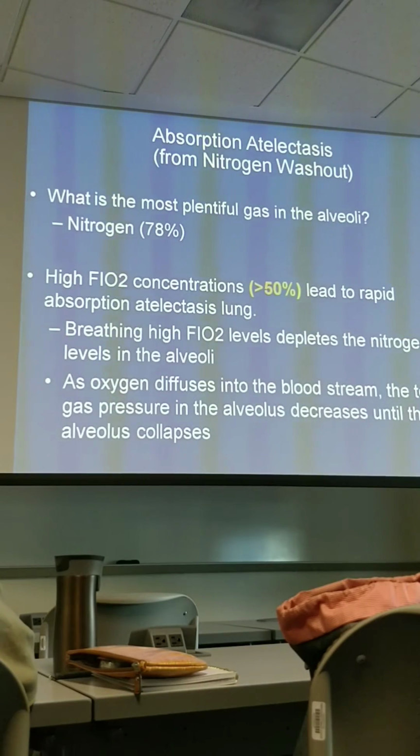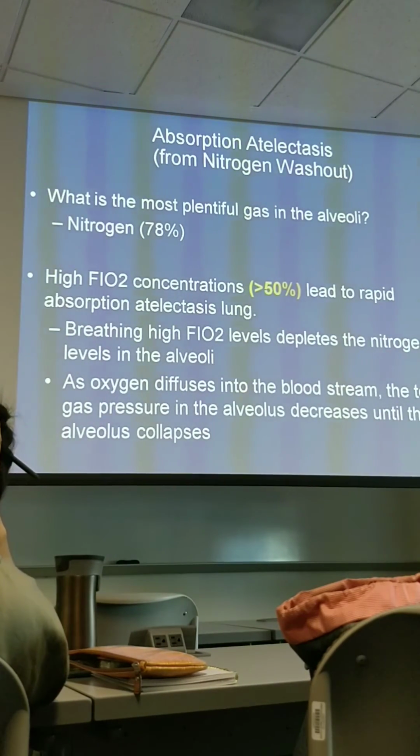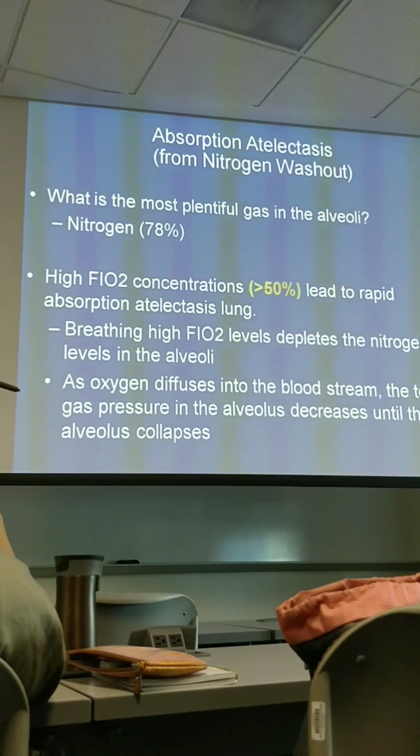But if you give somebody 100% oxygen, you flush all the nitrogen out and you'll still create alveolar instability, and they will collapse because the partial pressure drops significantly within the alveoli. What's the time frame between the time it becomes obstructed and inflated at first, and then it collapses?